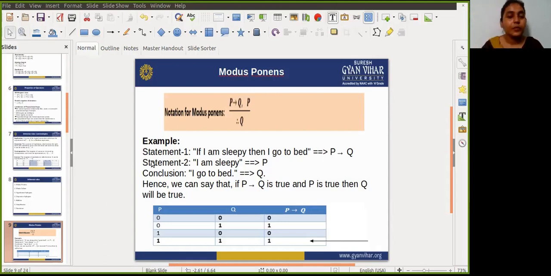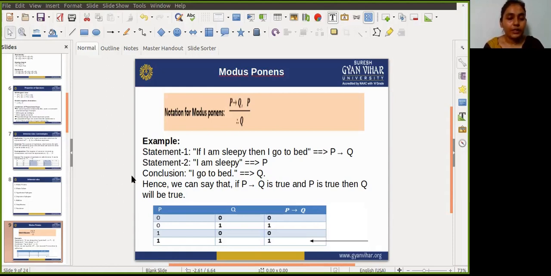Now in the second case, P is true and Q is false. If we are talking about the implication rule, definitely it will give a value false. And here the value of P is true, so true and false, obviously it will give a value false.